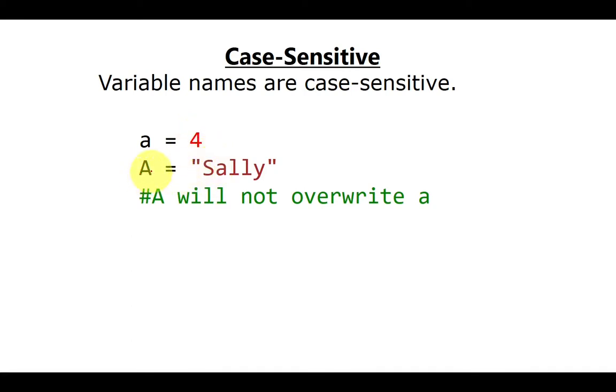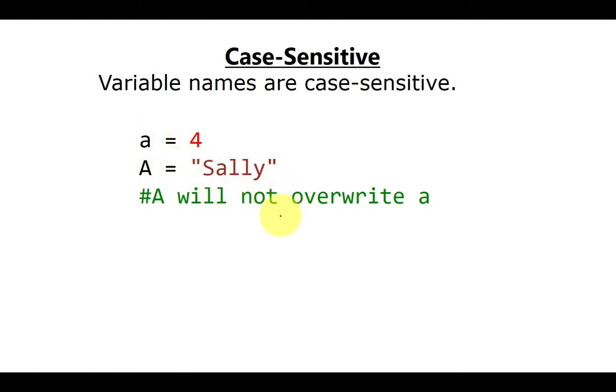Right here we have a capital letter A and a small letter a, and the values assigned to them are different. We have an integer here which is 4, and we have a string here which is Sally. Sally is assigned to capital letter A and 4 is assigned to small letter a.